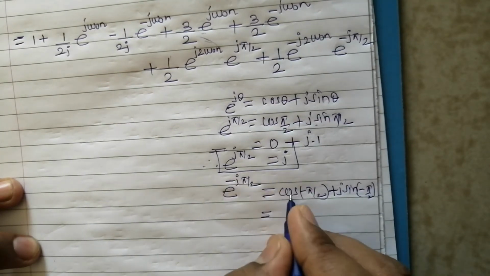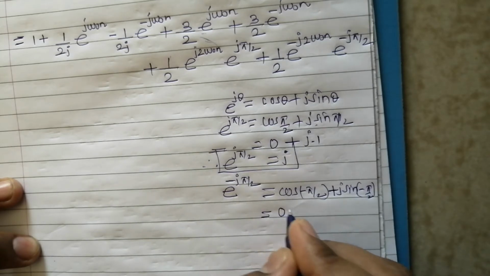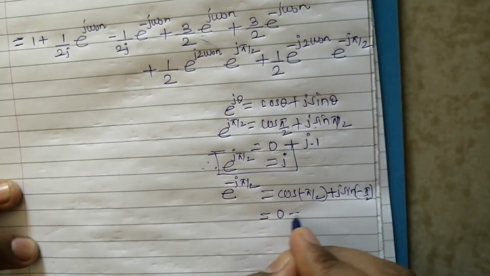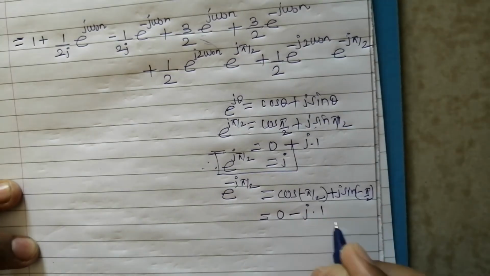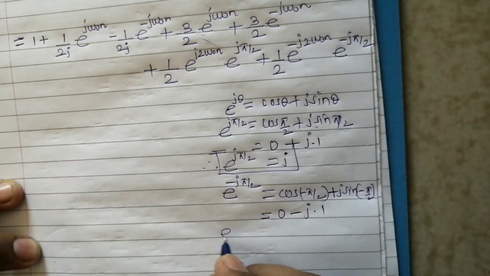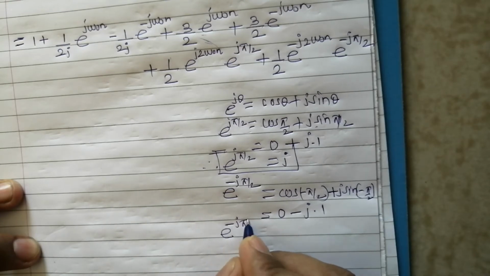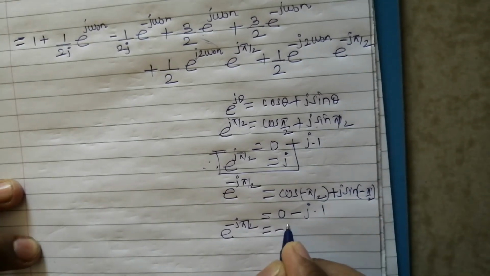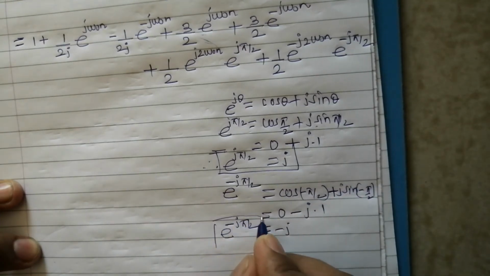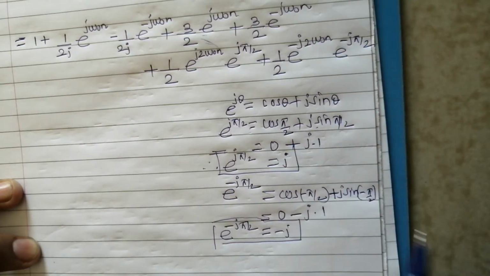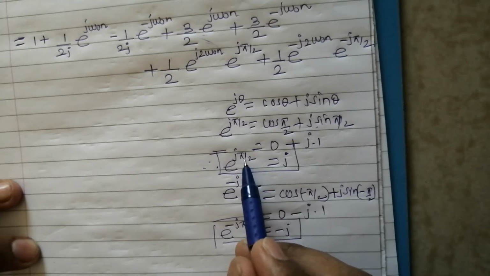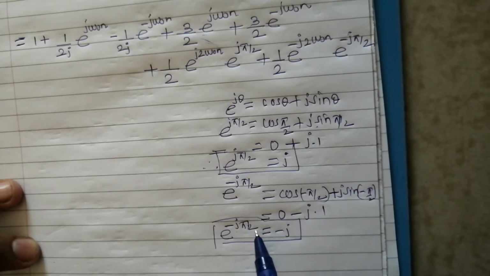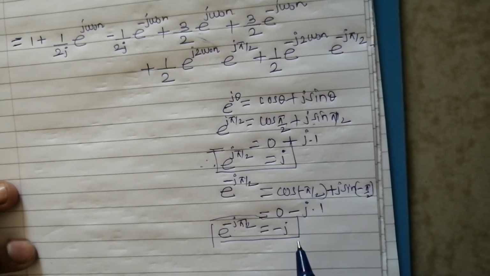So this is cos pi by 2, which is 0, and this minus sign will come outside, minus j, and sine pi by 2 is 1. So the value of e raised to power minus j pi by 2 is minus j. Okay, so we have these two results, e raised to power j pi by 2 and e raised to power minus j pi by 2, j and minus j.